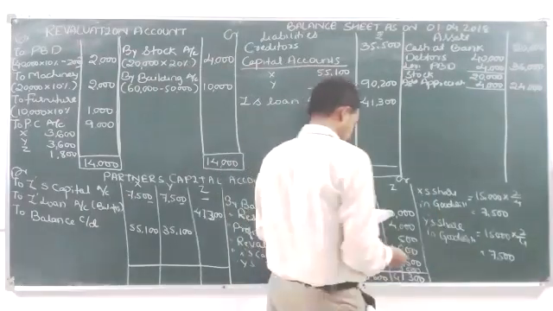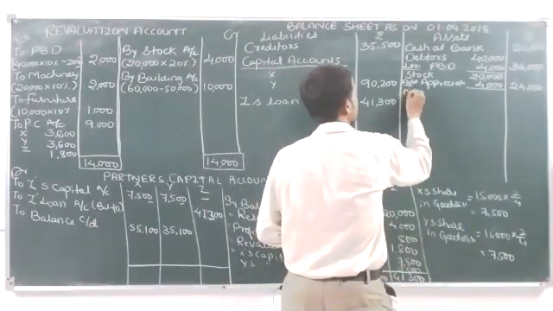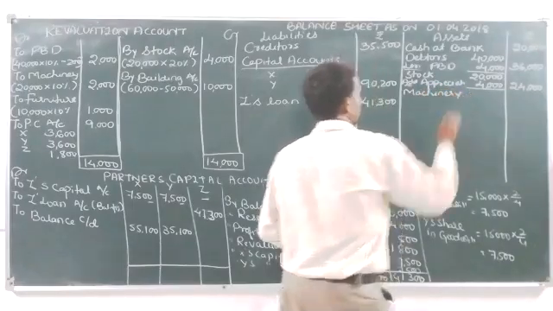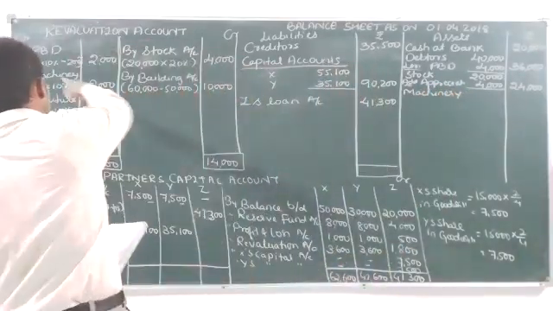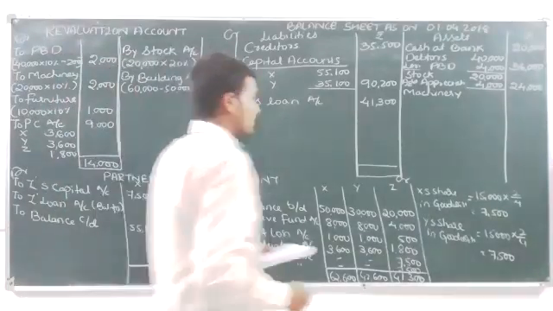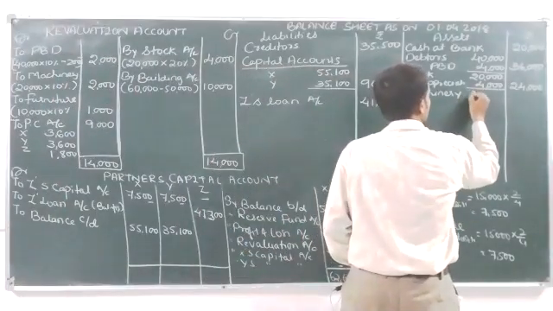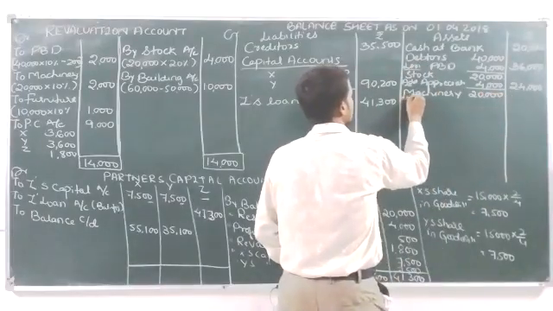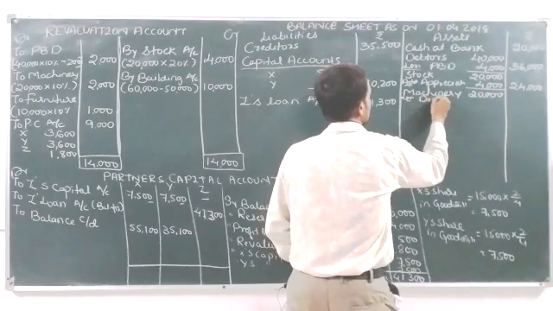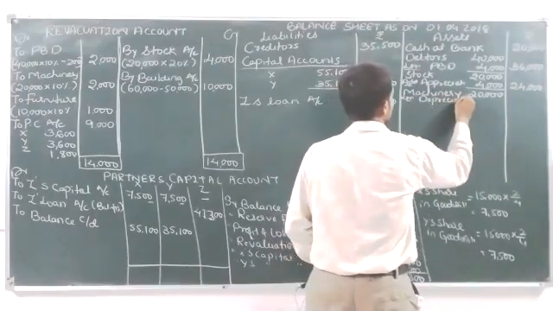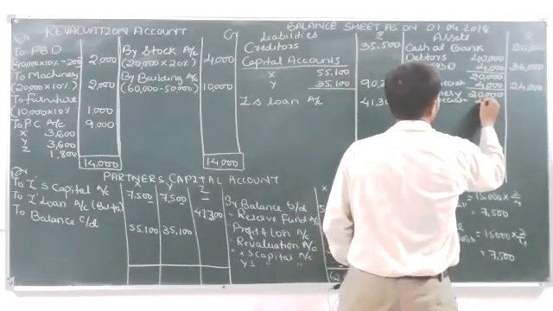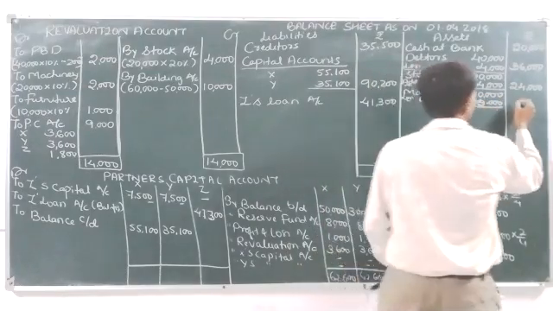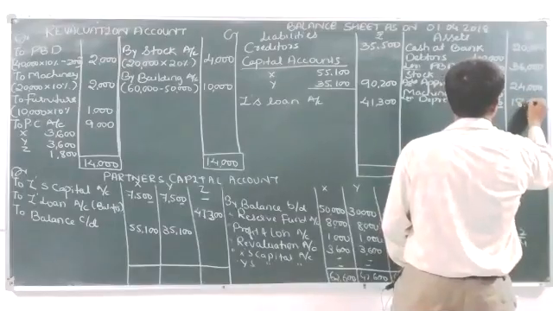Next is machinery. I think we have charged depreciation here. Machinery, inner column 20,000 less depreciation 4,000. Sorry, 2,000. Outer column 18,000.